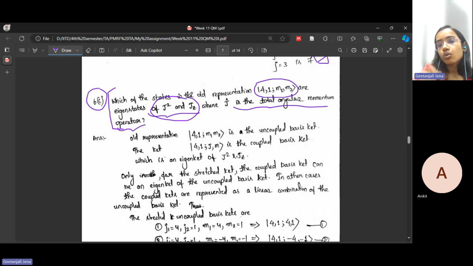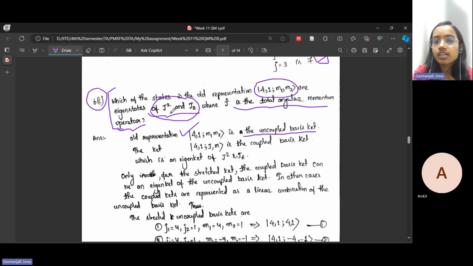If you see, the old representation is the uncoupled basis, right? Now, if this uncoupled basis state is an eigenstate of J square and Jz, that means it is an uncoupled and coupled state. So J square and Jz we represent in the coupled state, right?